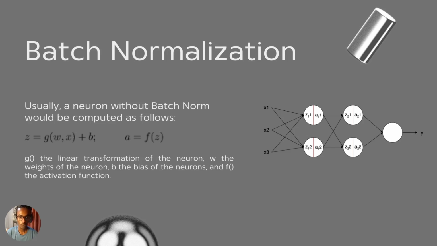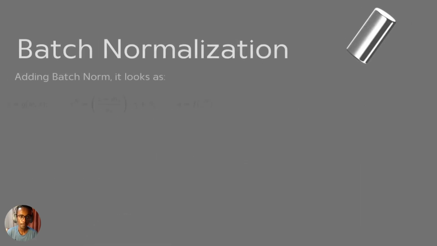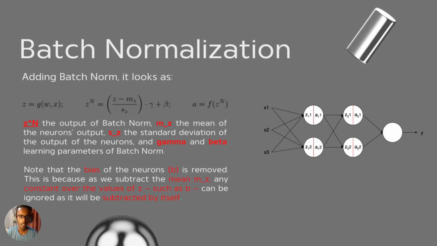But how do we incorporate batch normalization in the inner layer? Adding a batch norm means that before we apply the activation function, we subtract the mean from the output of the linear relationship between the weights and the input features.